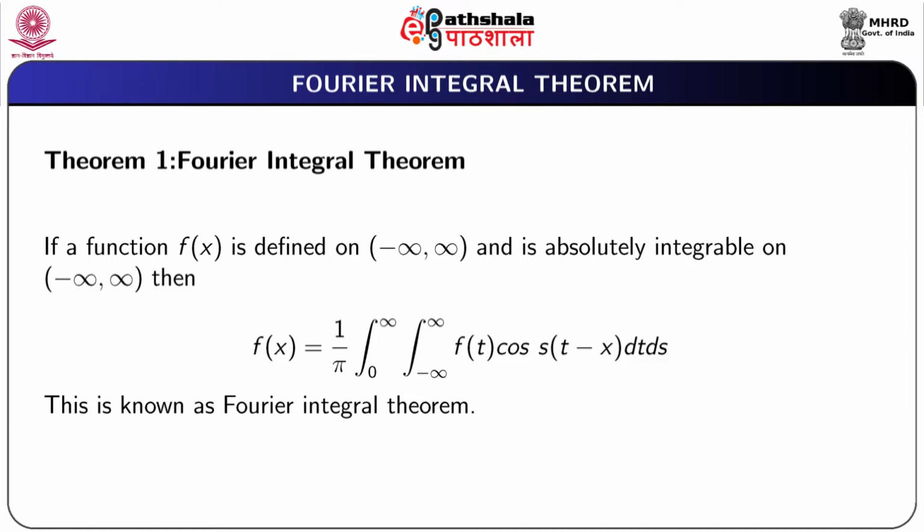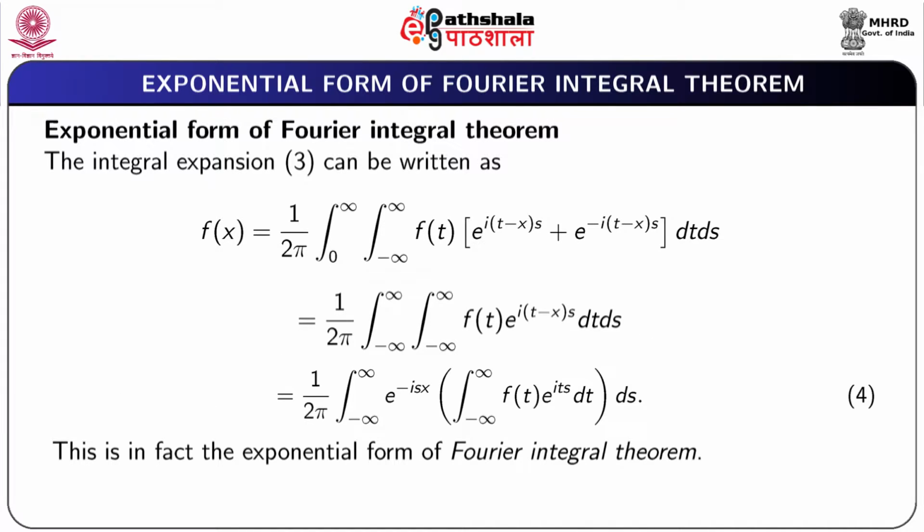We write this cos s(t minus x) in the form e to the power i(t minus x)s plus e to the power minus i(t minus x)s by 2, so that f(x) is equal to 1 by 2 pi, s integral from 0 to infinity and t integral from minus infinity to plus infinity f(t) into e to the power i(t minus x)s plus e to the power minus i(t minus x)s.